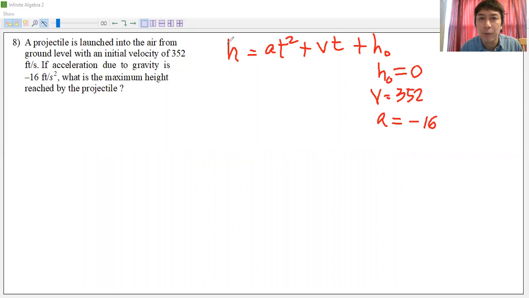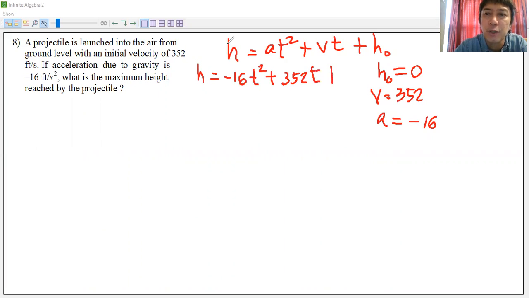H is equal to negative 16t squared plus 352t plus 0. H of 0 is 0. So our working equation is negative 16t squared plus 352t equals H.